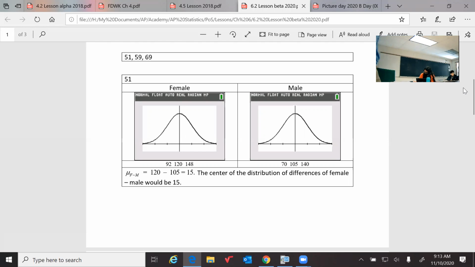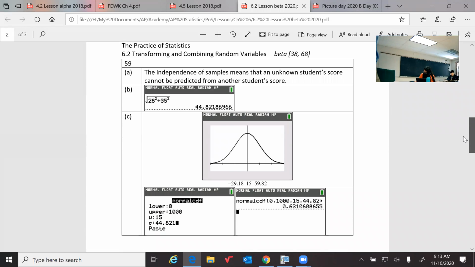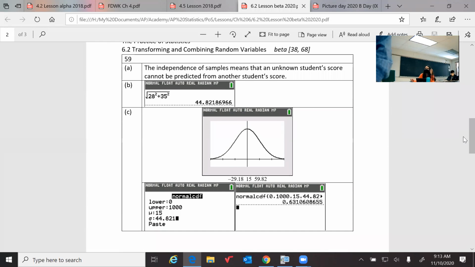So for 59, here's the 15 from this picture. It's dead center. So what's the magnitude of the step? Well, for girls, the step was 28.